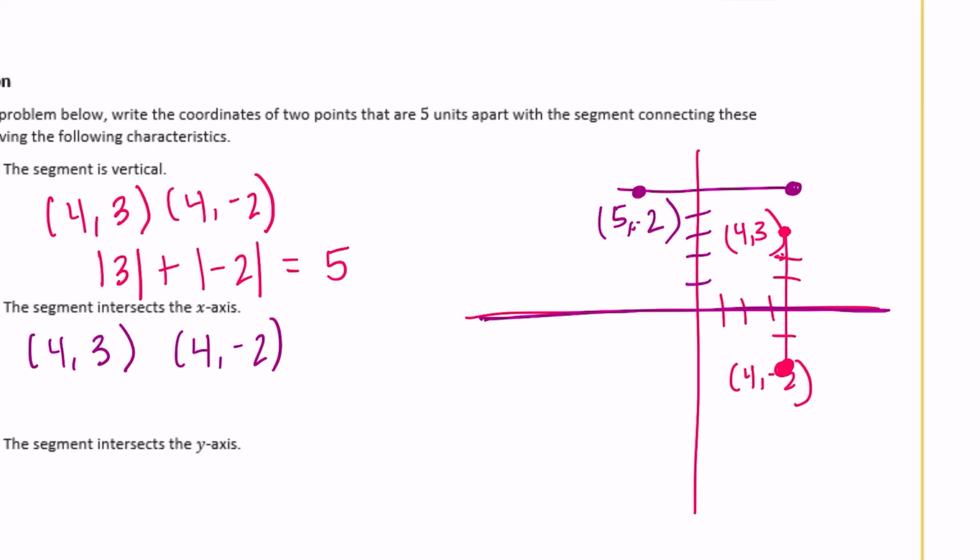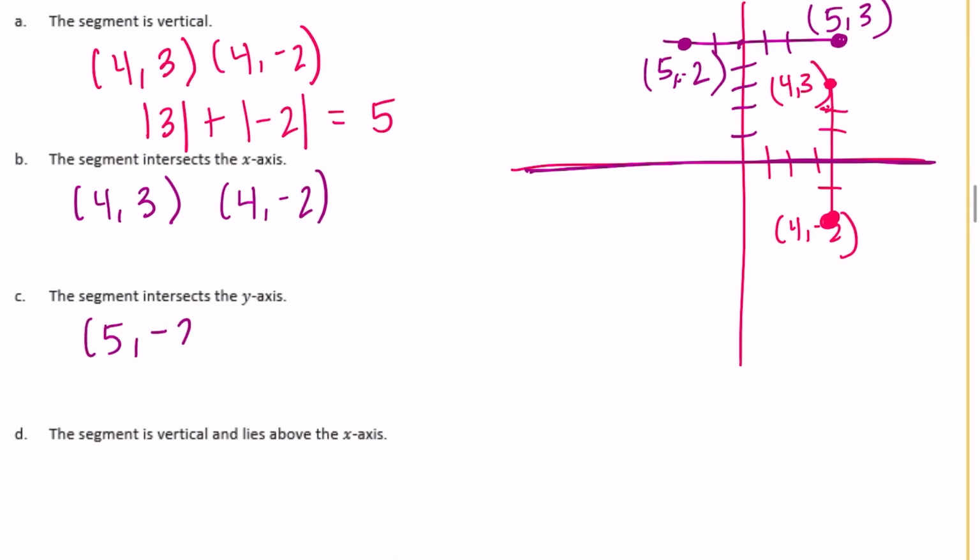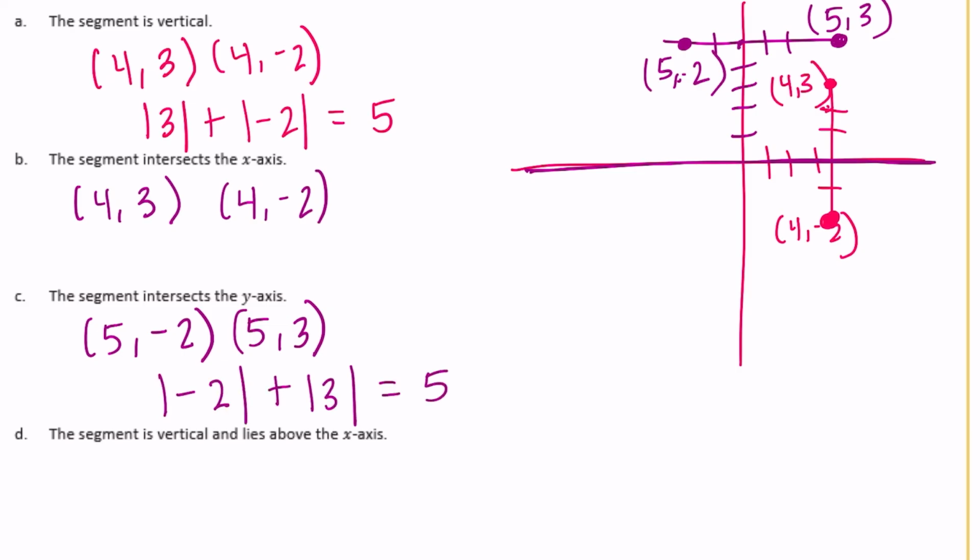So then we would need to go over to 5, 3 in order to make the distance 5. So we have 5, -2, and 5, 3. And we can prove that that works because the absolute value of -2 plus the absolute value of 3 is equal to 5.